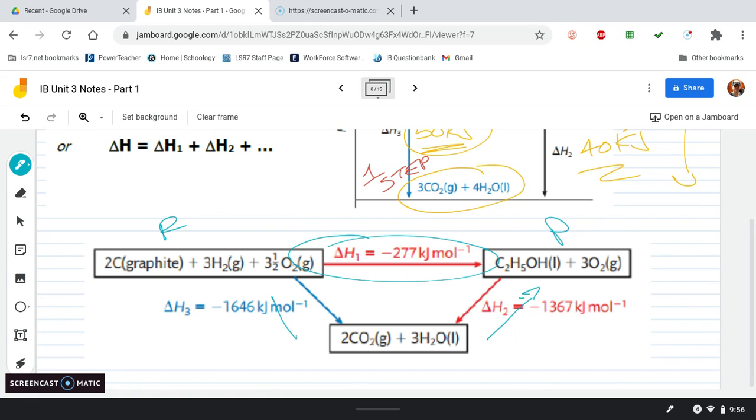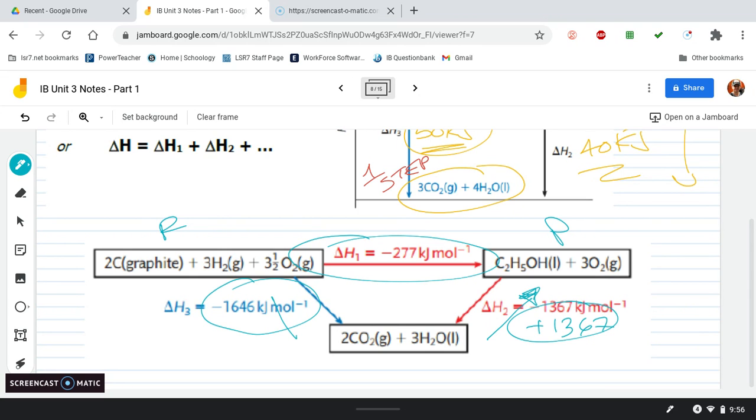Now, if you go this way, this will become plus 1367. So if you take these two values and you look at them, you're going to get negative 277, or pretty close. So let's just do that in our calculator real quick. Let's go negative 1646, and then add 1367, and I got negative 279. So like I said, really, really close.